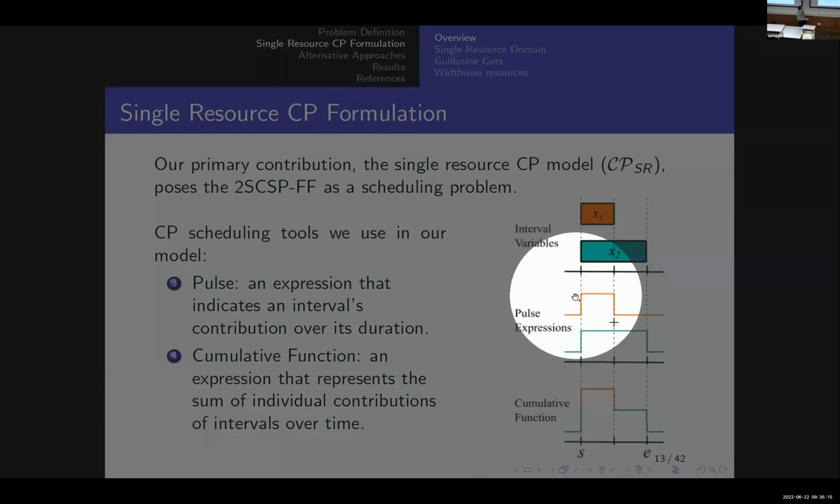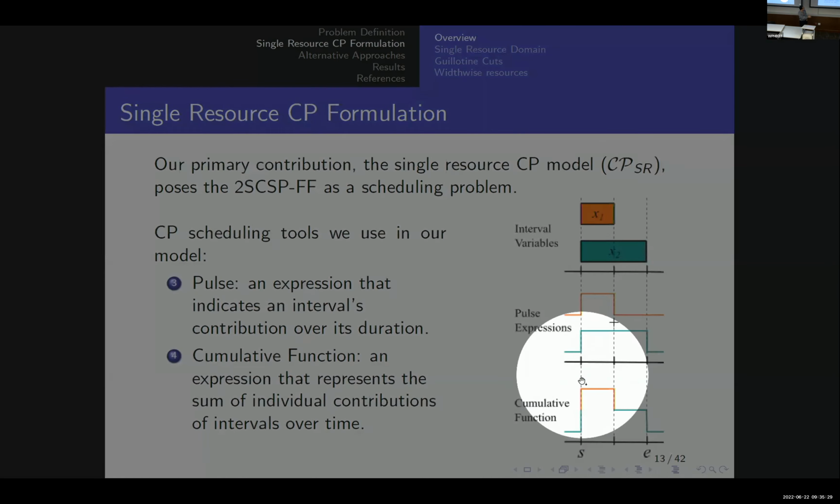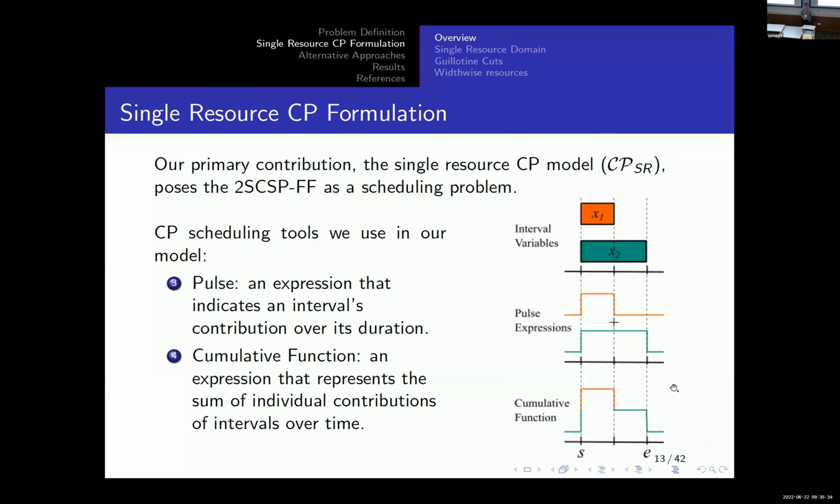And a cumulative function is similarly an expression that represents a summation of all of these individual contributions over time. So in other words, the cumulative function, visualized graphically, is just the summation of all of these rectangular functions, as you can see to your right.